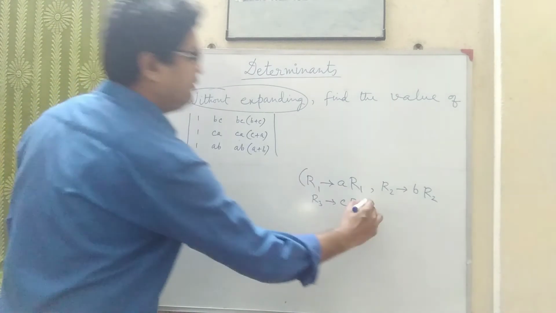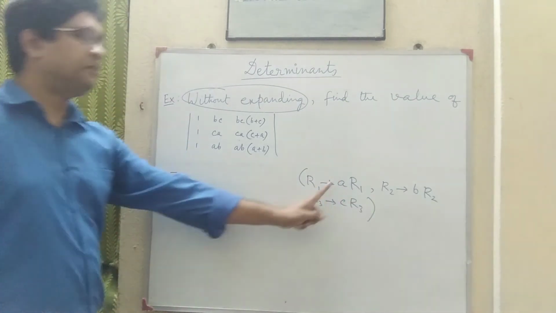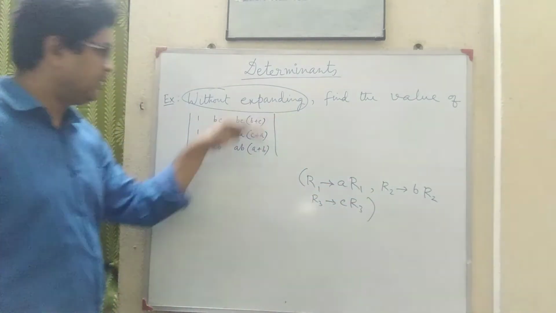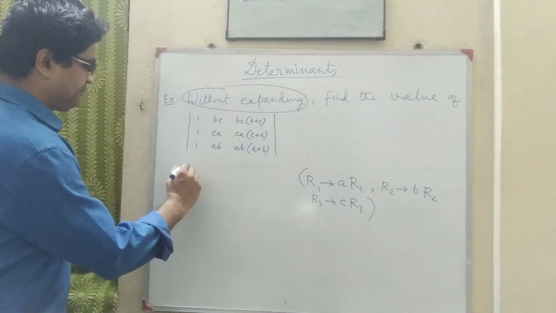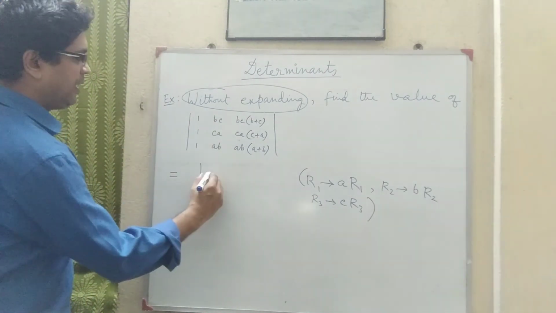So if we apply this operation, that is multiplying the three rows by A, B, C respectively, what will we get?